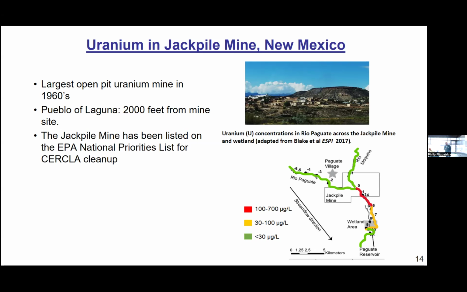But when we want to communicate this data to our partner communities, with the collaboration of Chris Shuey from the Southwest Research and Information Center, he has developed this very nice stoplight approach with the communities, where if it's red, it's higher than 100 micrograms per liter, definitely, you know, we should be careful with this water.